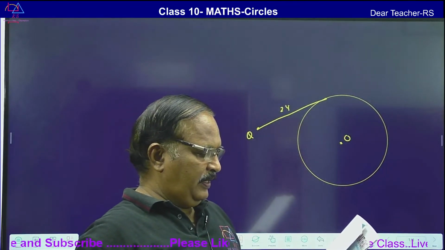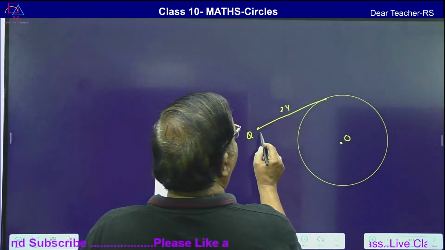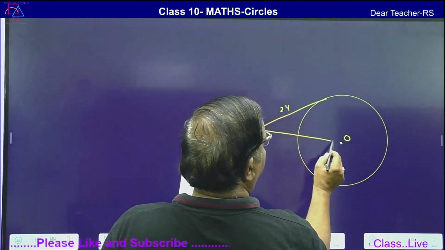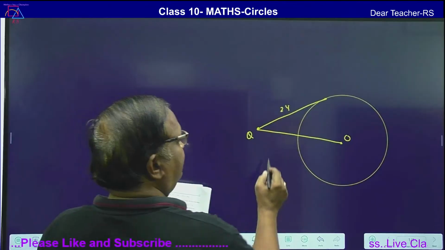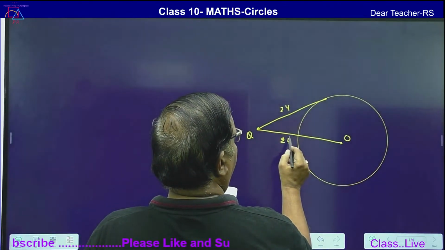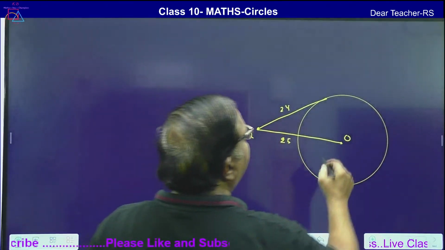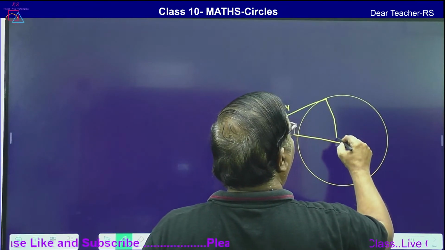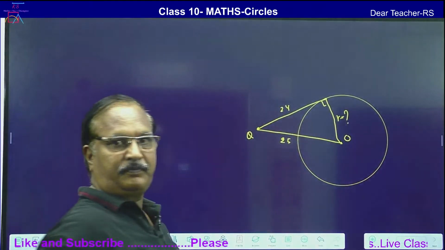And Q is from the center 25 centimeters. So find the radius. Radius is equal to question mark.